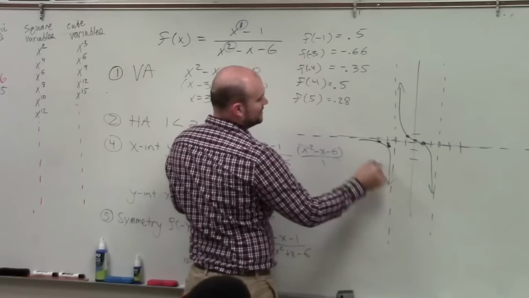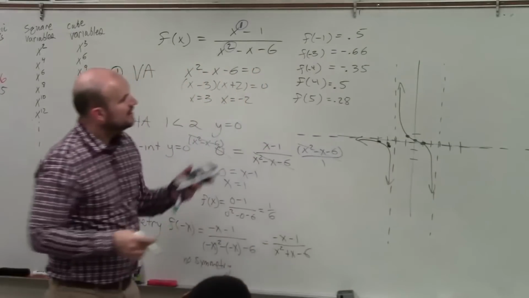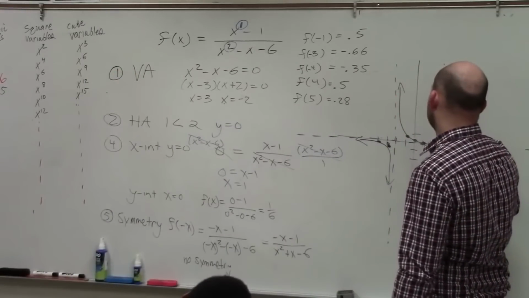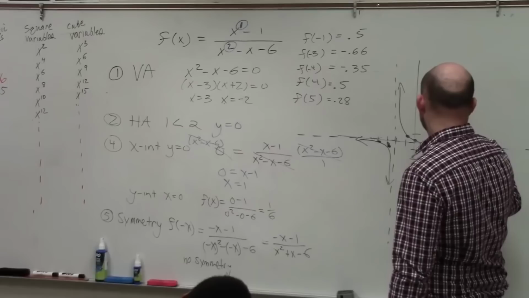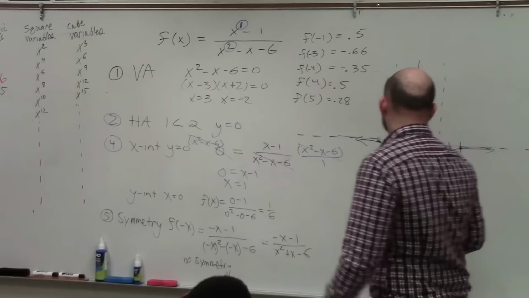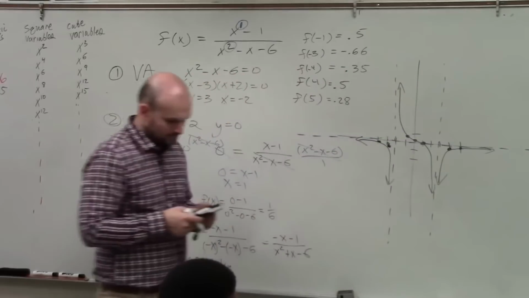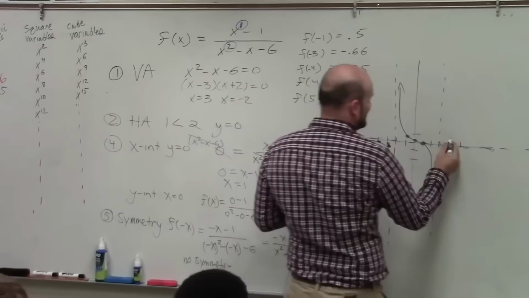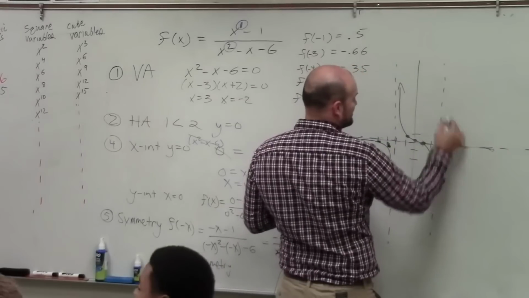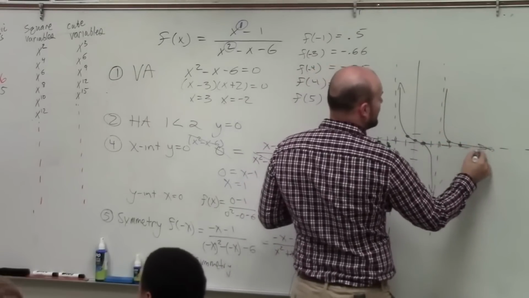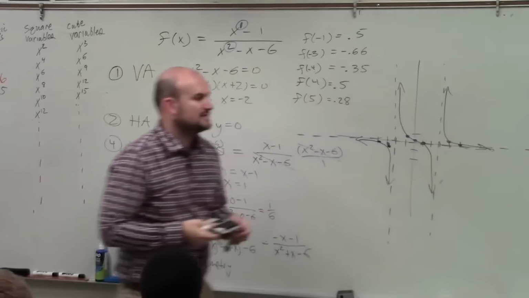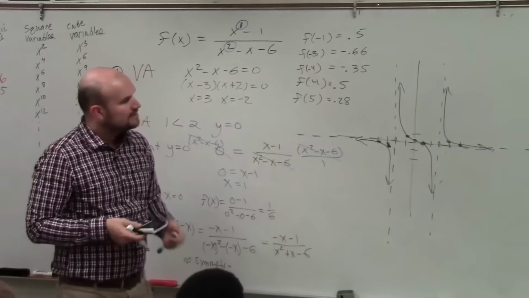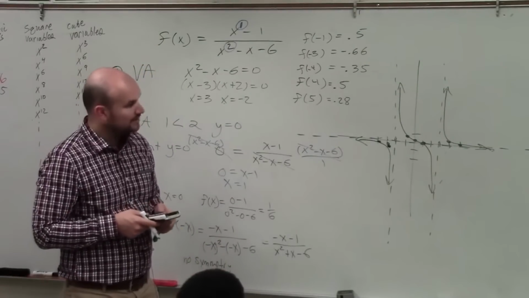And then at 4 and 5, at 4, I'm at 0.5, and then at 0.25. Oh, no, I'm sorry, that's positive, not negative. Thank you, you're right, those are positive values. So that's technically what your graph would look like.